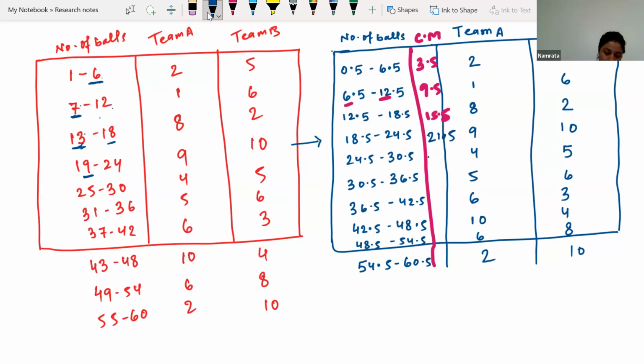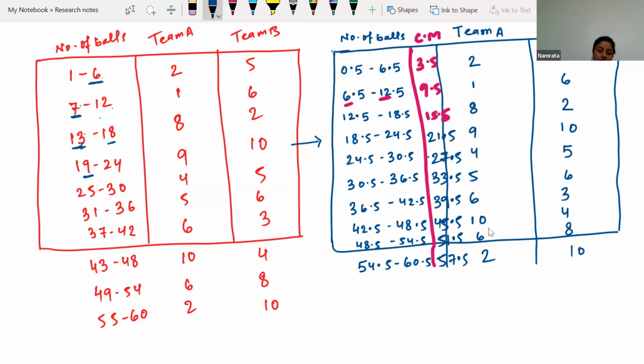Next, will it be 27.5? 33, 39, 45. Yeah. So these are the numbers which we got as the class marks.